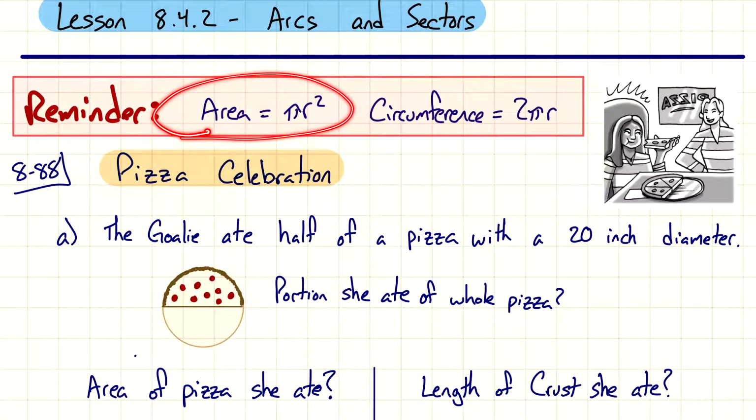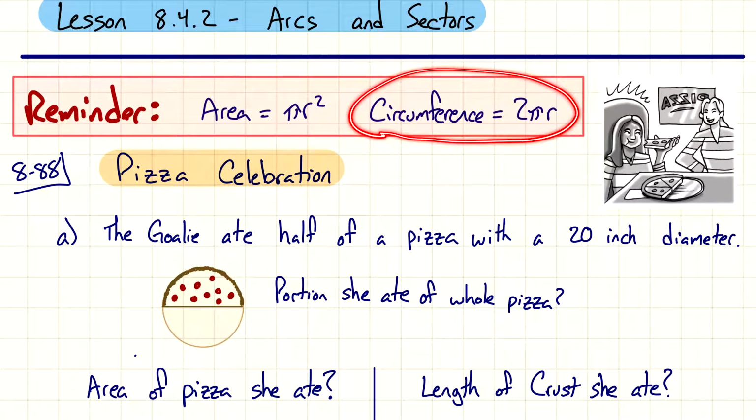If you don't remember from the last lesson, area equals pi r squared. So that's how we calculate the area of a complete circle. And circumference, also known as perimeter, can be calculated using 2 pi times r, right? In both cases, r represents our radius of the circle.